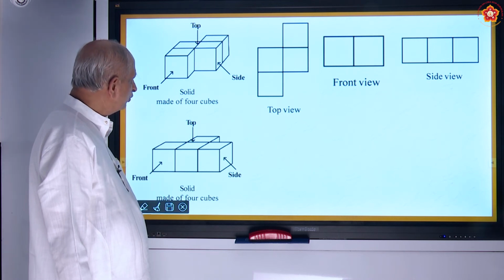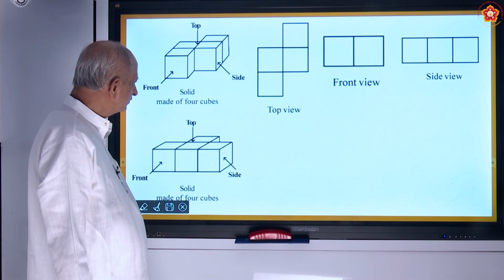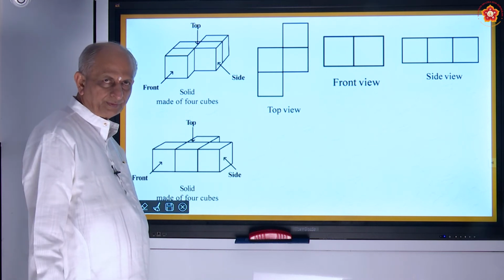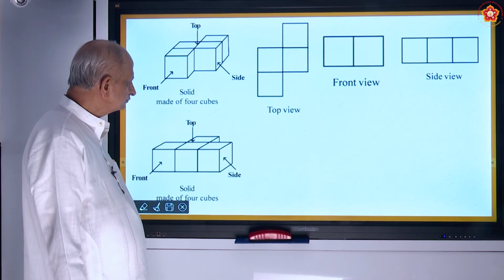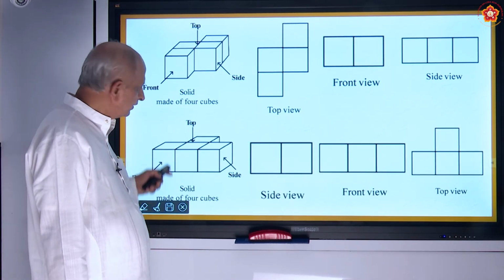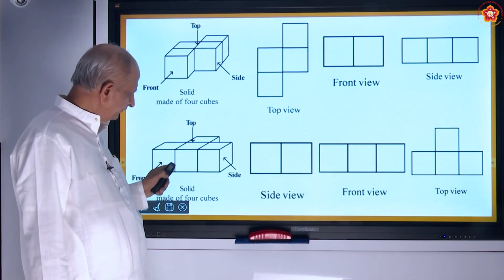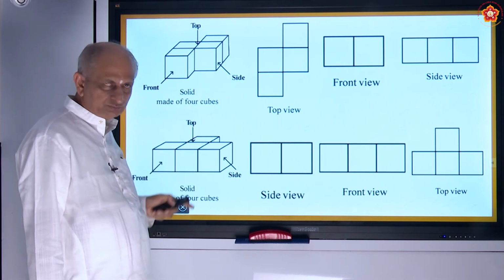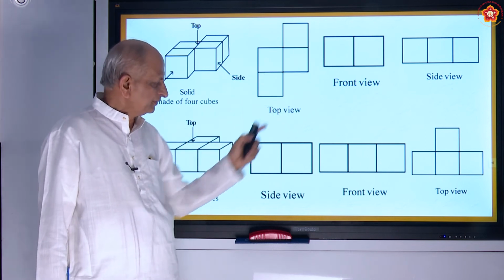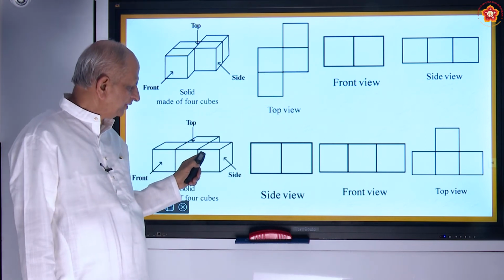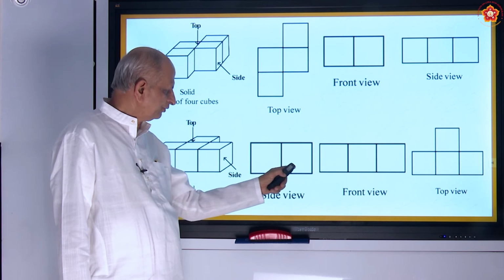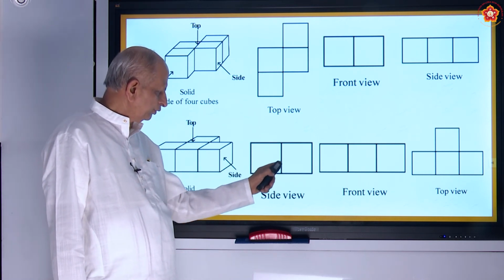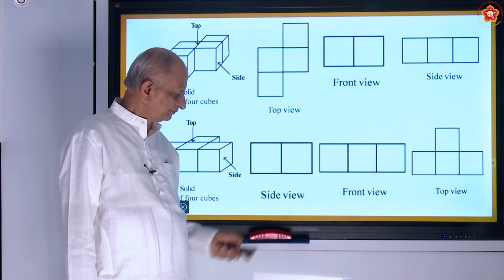In these 4 cubes, the same 4 cubes can be arranged like this, 3 plus 1, or 2 plus 2. If 3 plus 1 is arranged and you look from the side, it looks like 2 squares.